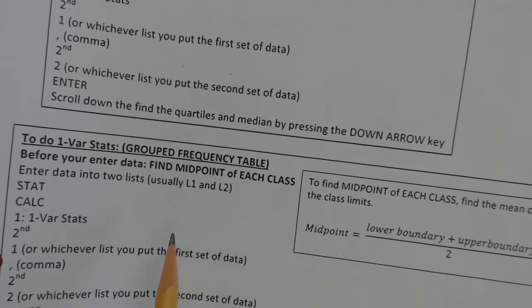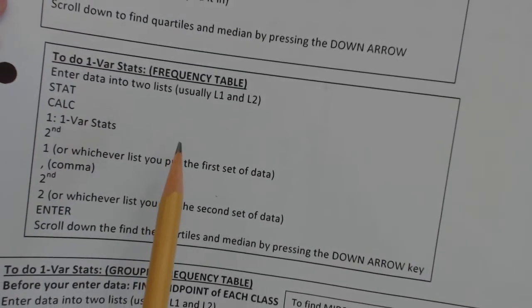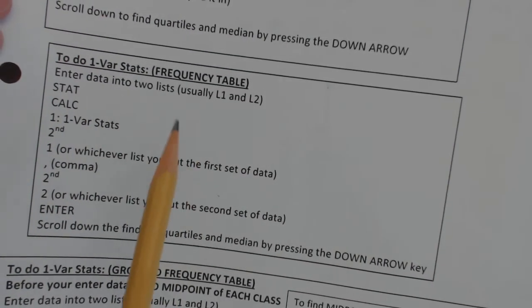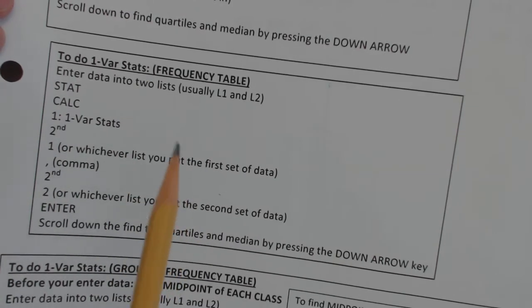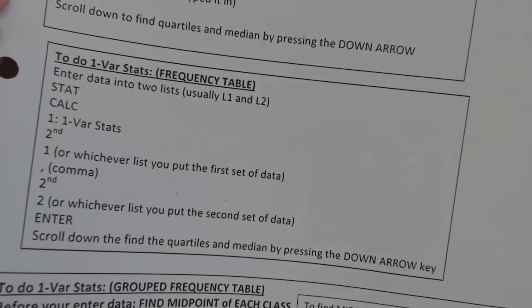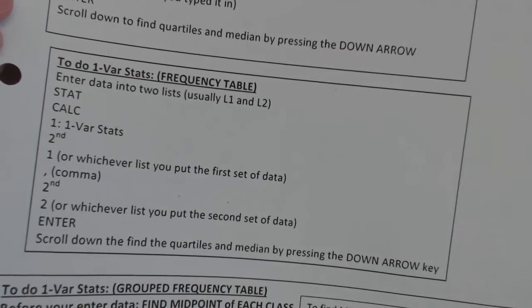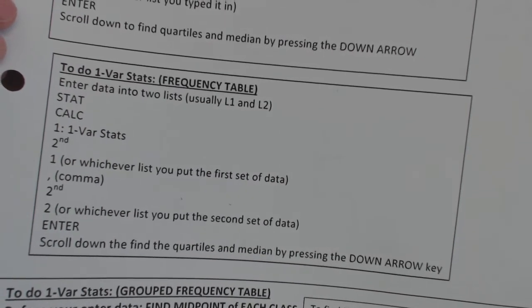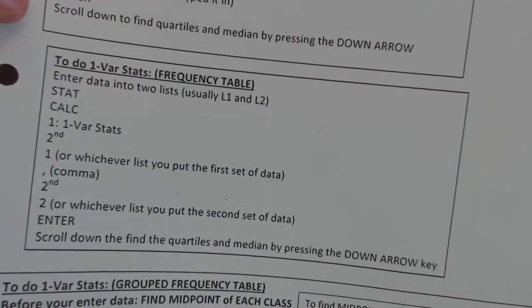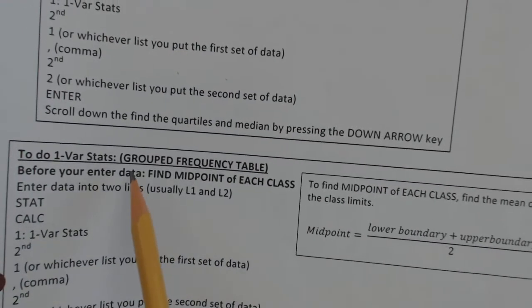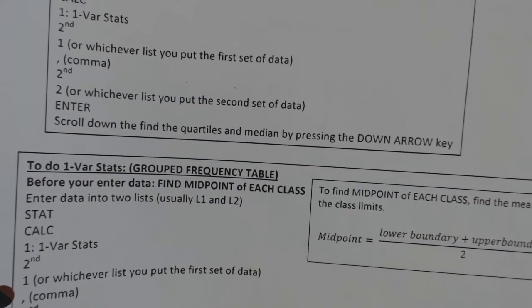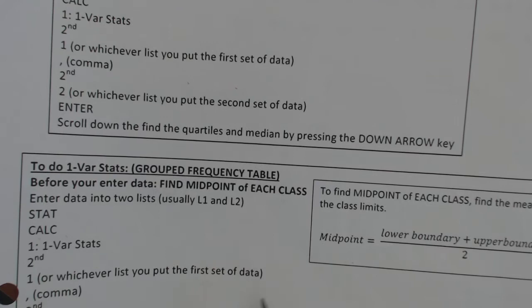And this is the one that we're going to use. The regular frequency table is when you just have one number in the first column or the first row, like one time in minutes, like 2 or 4. But we are doing grouped because we have groups underneath that time column. So this is the one that you're going to use.